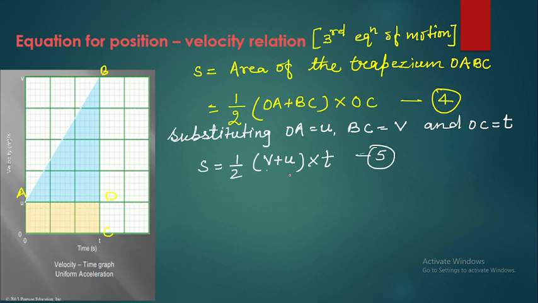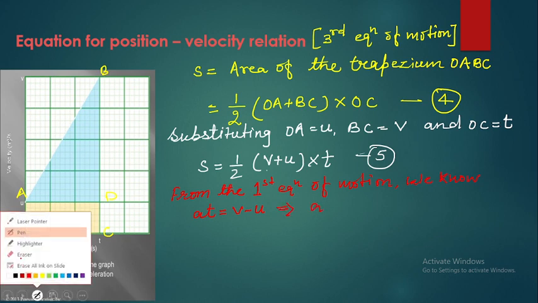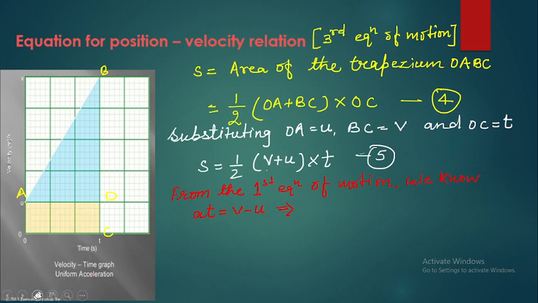From the first equation of motion, we know AT is equal to V minus U. This implies we can find the value of T. Small t is equal to V minus U upon small a.